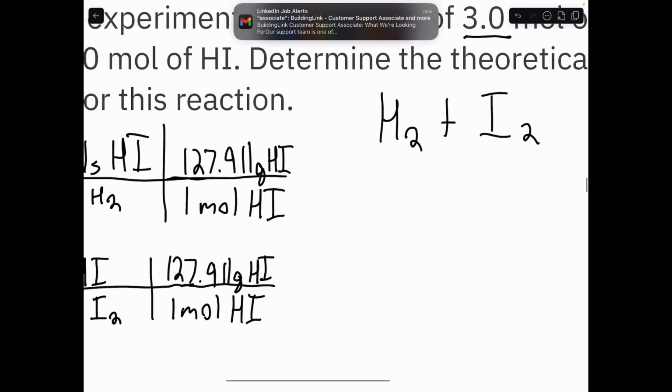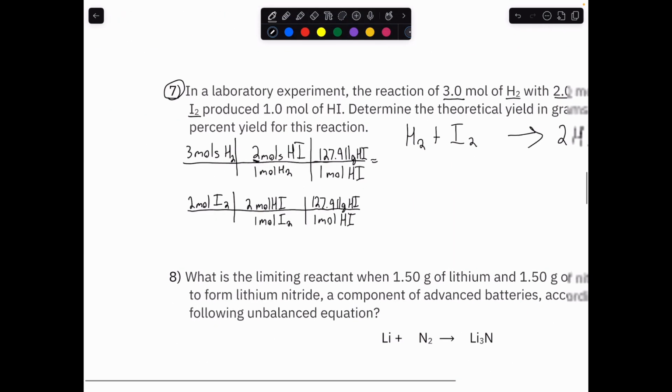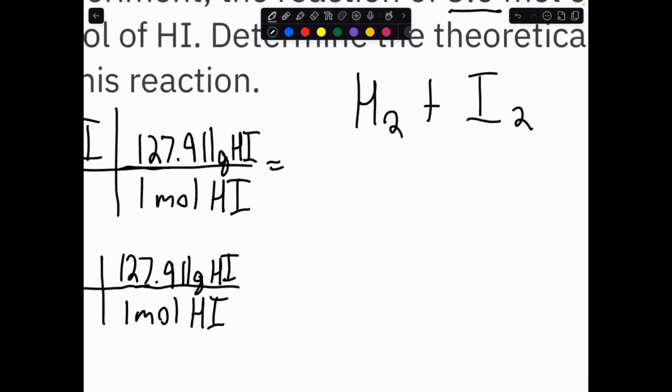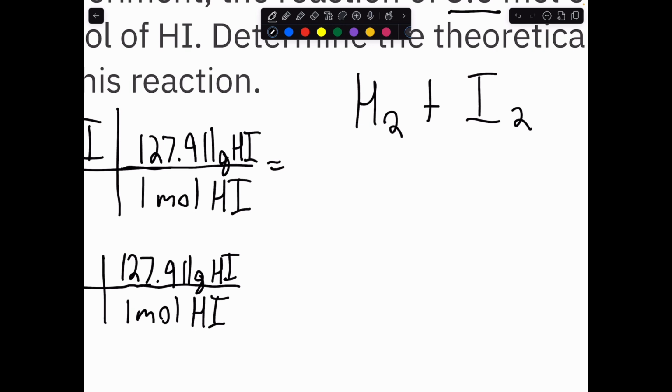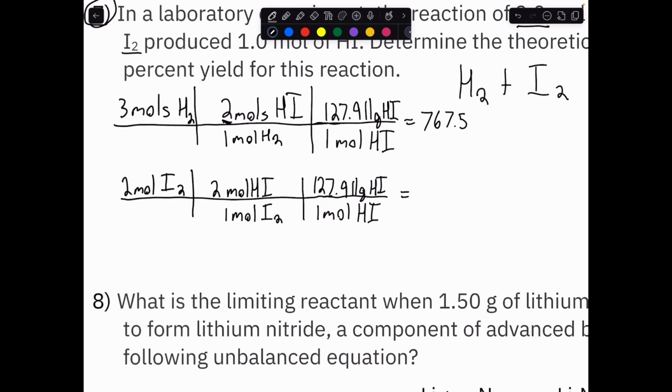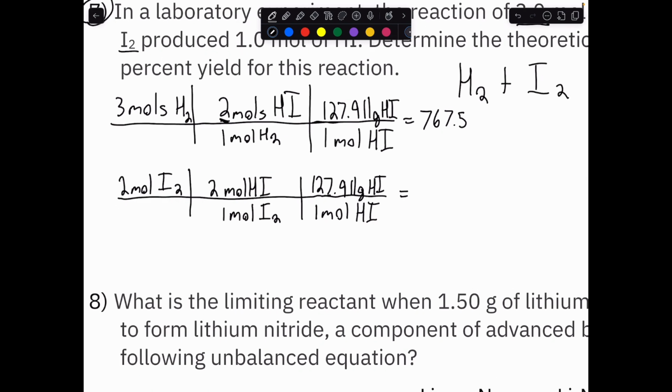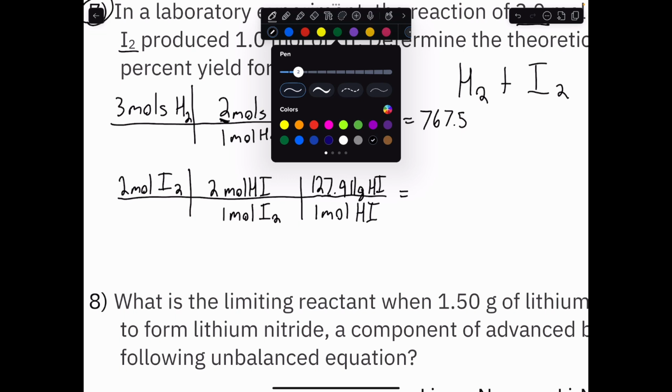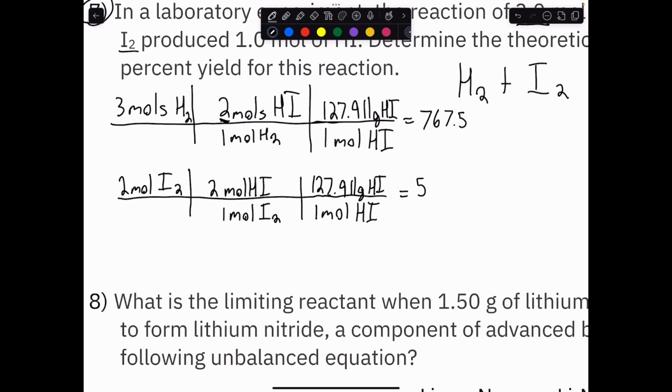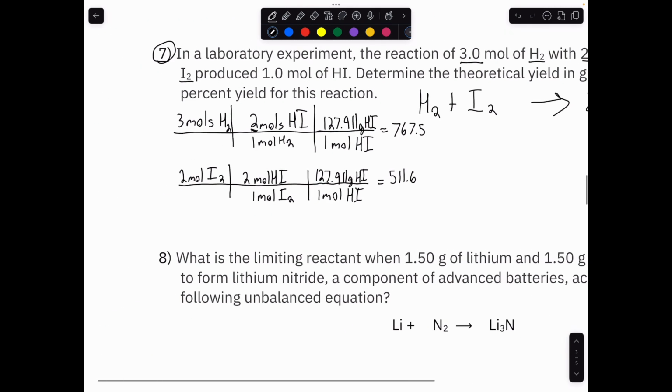So for this one, we should get 767.5, and then 4, we should get 511.6.